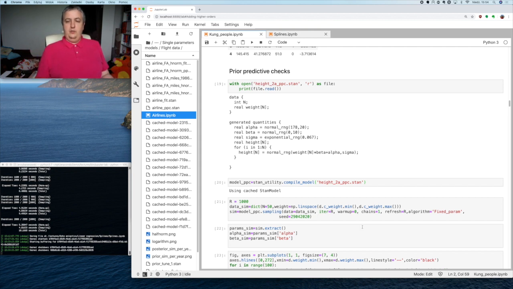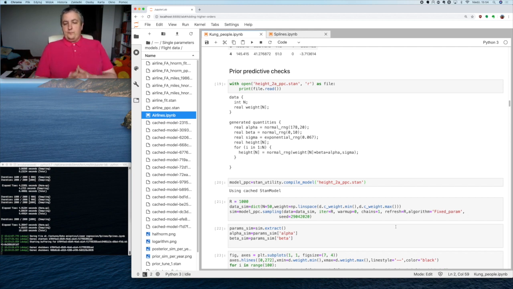Of course, we assign the data for our simulation. We'll start with 50 samples, so it will be easier and fast to simulate, and we need to add some weights for testing. So let there be a set of linearly spaced values between minimal and maximal centered weights, so we'll have a good spread of values of our interest.